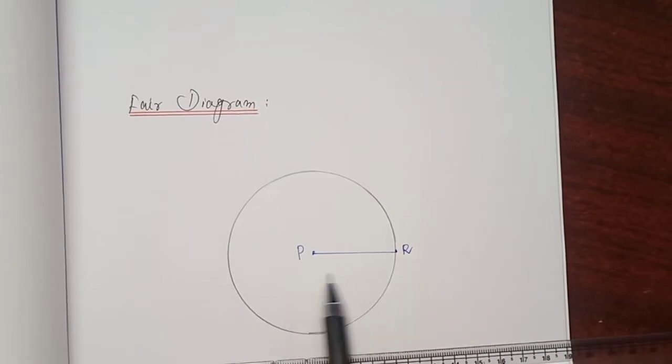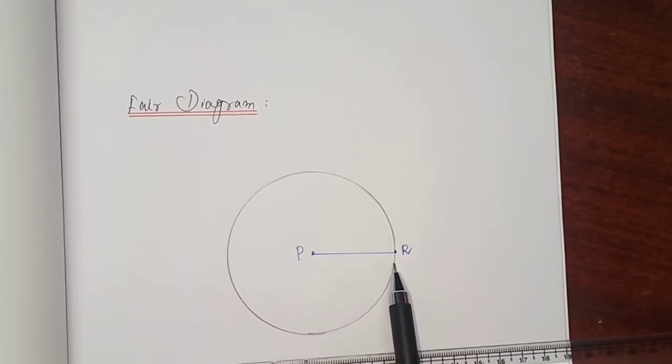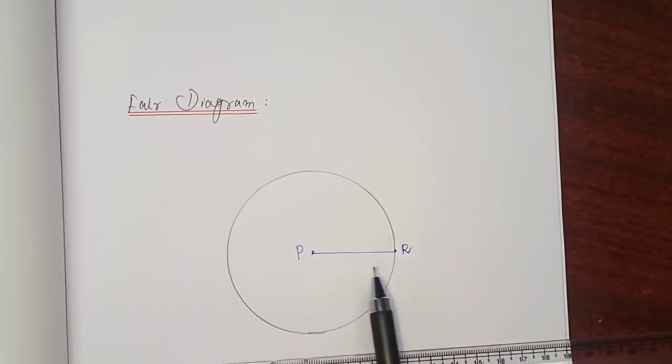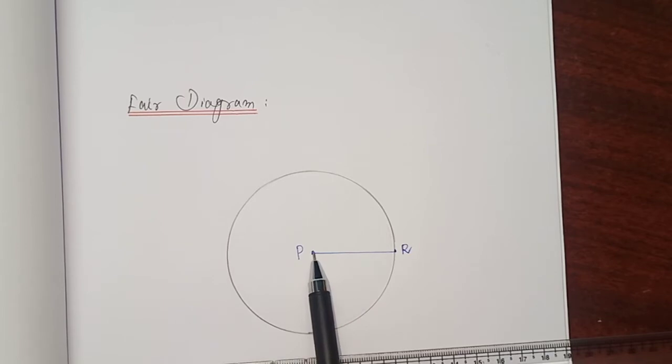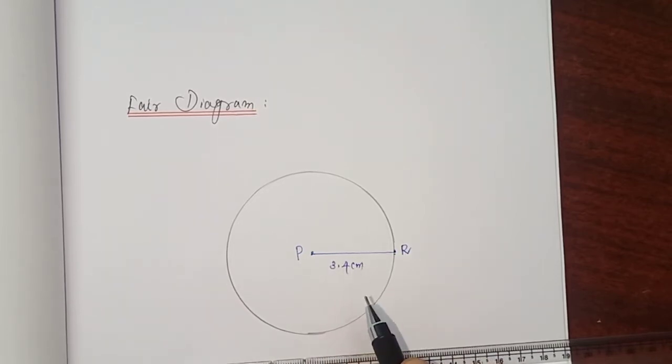Now PR is the radius. You know the definition of a radius. A radius is a straight line segment joining from the center of a circle to a point which lies on the circle. That is called the radius. So PR is the radius. Here the radius is 3.4 centimeter.